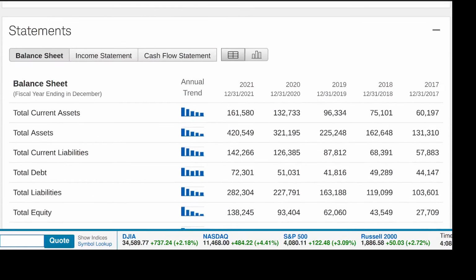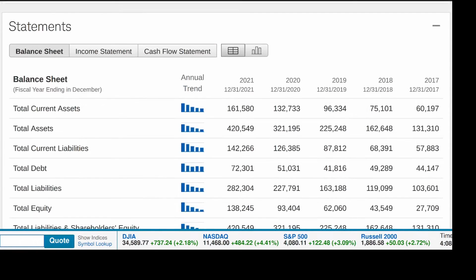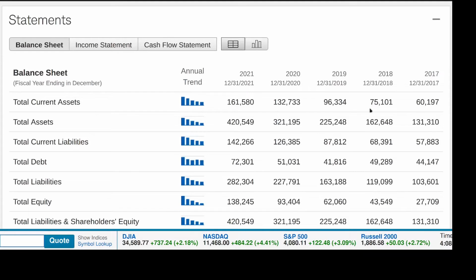If you look at the chart here, they give you the balance sheets and the financials. They give you 5 years, 1, 2, 3, 4, 5 years, whereas Vanguard only gives you 4. And then they give you this nice little chart here that Vanguard doesn't give you.